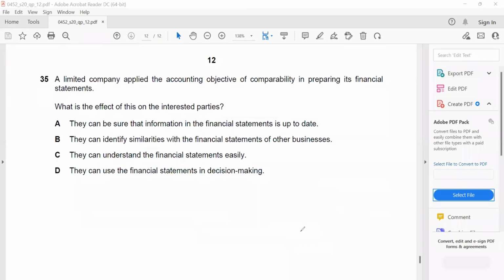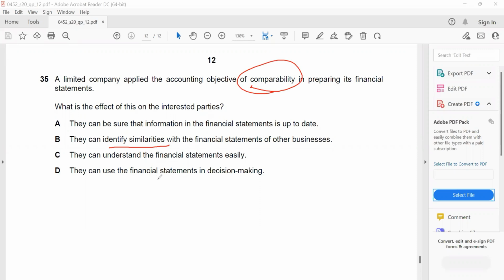Question 35. A limited company applies the accounting objective of comparability. This is comparability. So what is the effect of this on the interested party? They can be sure that the information in the financial statement is up to date. They can identify the similarity with the financial statement of other businesses. They can understand the financial statement easily.